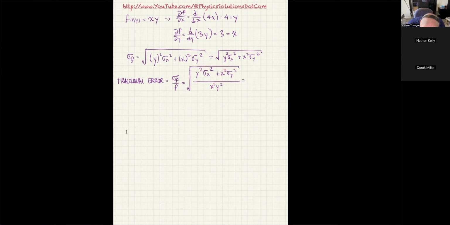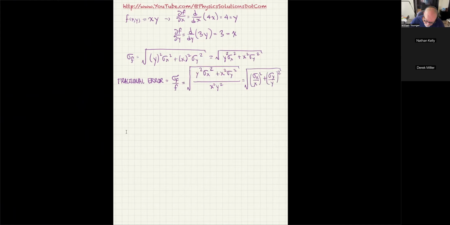So we get a really nice result in terms of the fractional errors of the variables. Specifically, we get sigma x over x squared plus sigma y over y squared, like that.